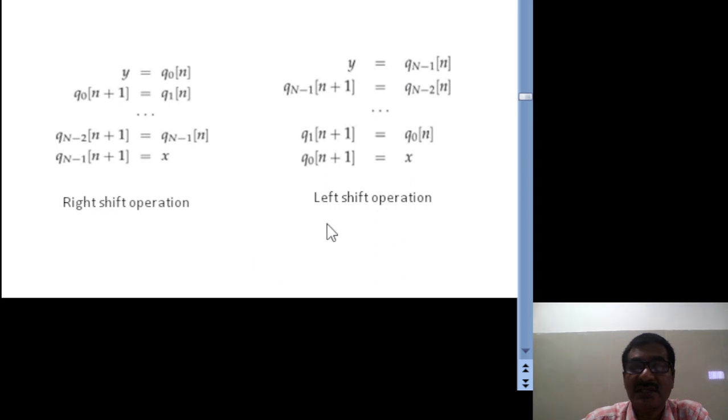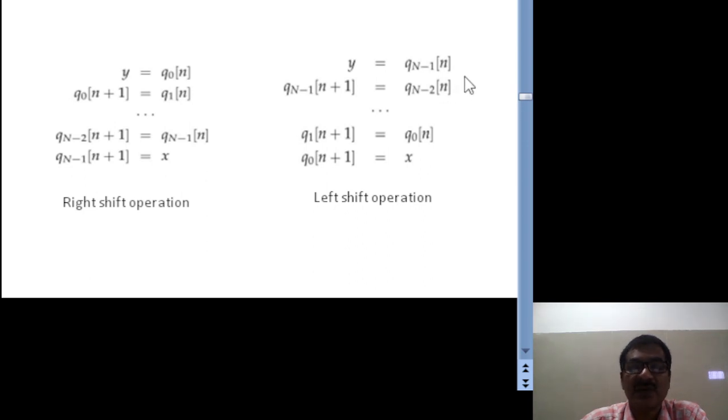In the left shift case, Y equals Qn minus 1 of N, that is the present state. If you observe here, this is not only left shift but also circulate. So Y is Qn minus 1 of N, the output of the most significant D flip-flop.